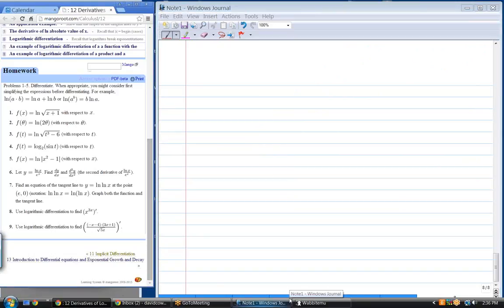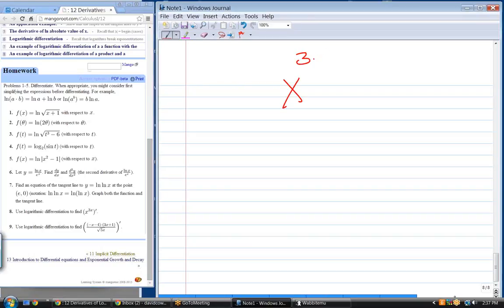Number 8, use logarithmic differentiation to find the derivative of x to the 3x. So, in other words, if that's y, what's y prime? Okay. How can we do this?